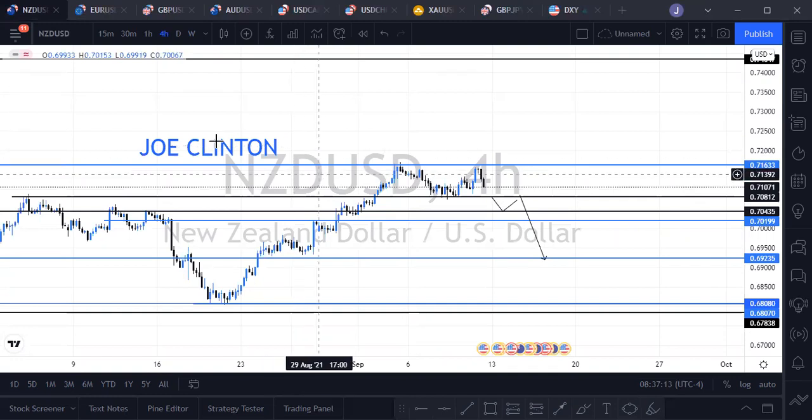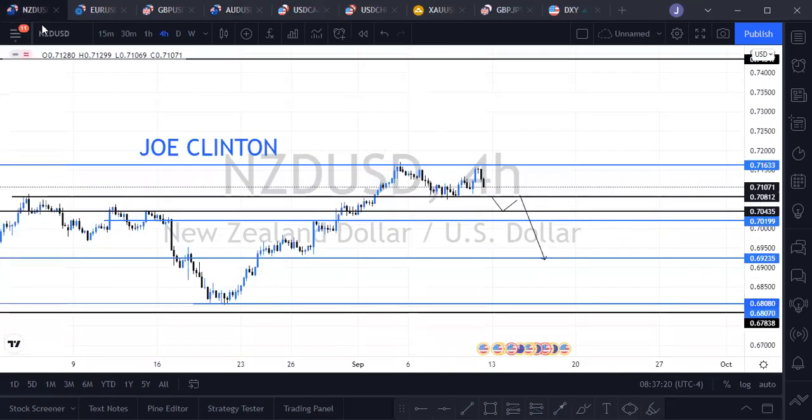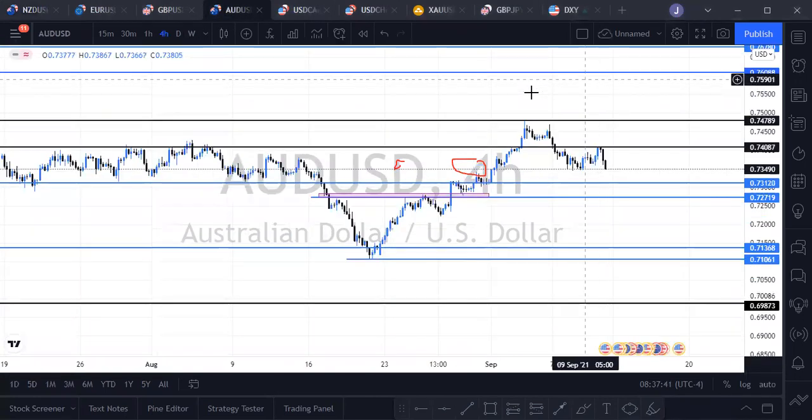So now, AUD USD and NZD USD have a kind of double top formation, which is 1, 2. All right, let me show you guys. They have a kind of double top here, which is 1, 2. Now we go to AUD USD.